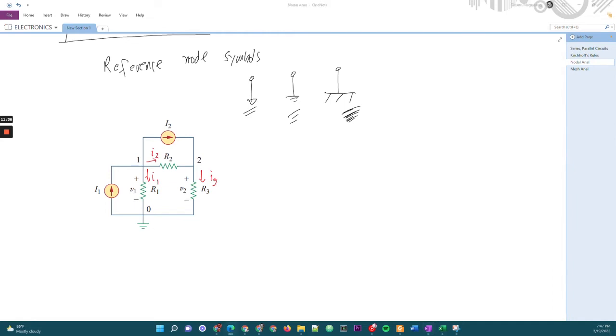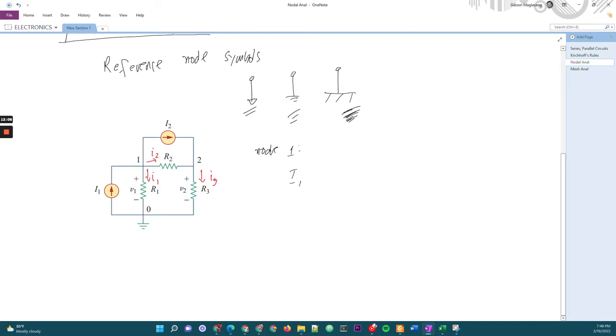And then, after that, we will apply KCL at node 1 and node 2. So, for node 1, on the left side of the equation, we put the currents that enter, and those will be positive. The current entering is only I1.